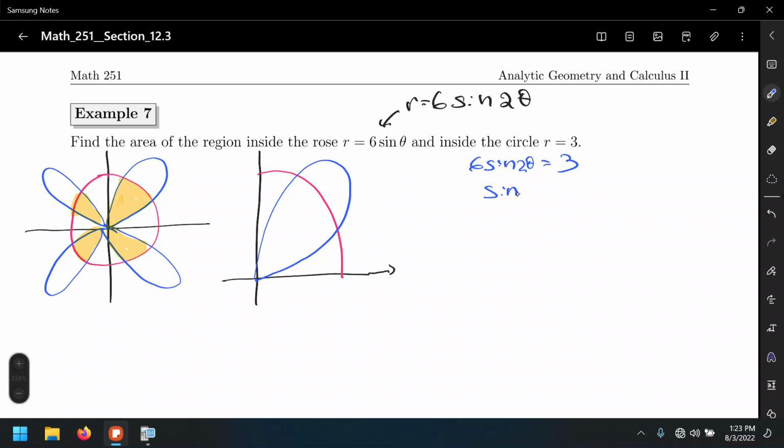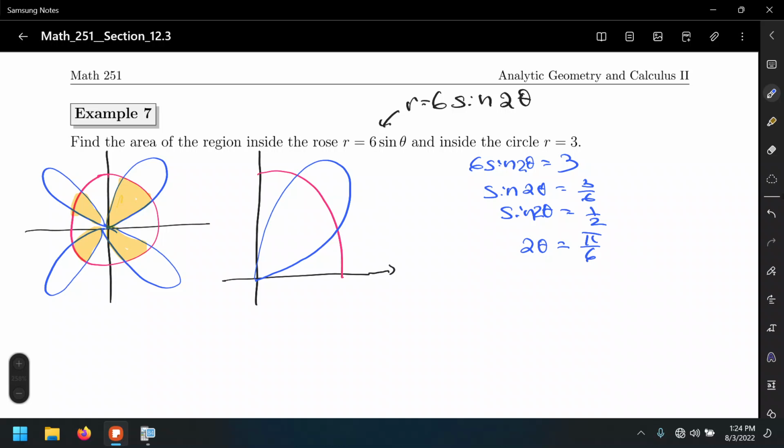So that sin 2θ = 3/6, which is sin 2θ = 1/2. Well, which angles have a sine equal to 1/2? That happens when 2θ equals, sine being opposite over hypotenuse, is that a 30-degree angle? Or in radians, it should be π/6.